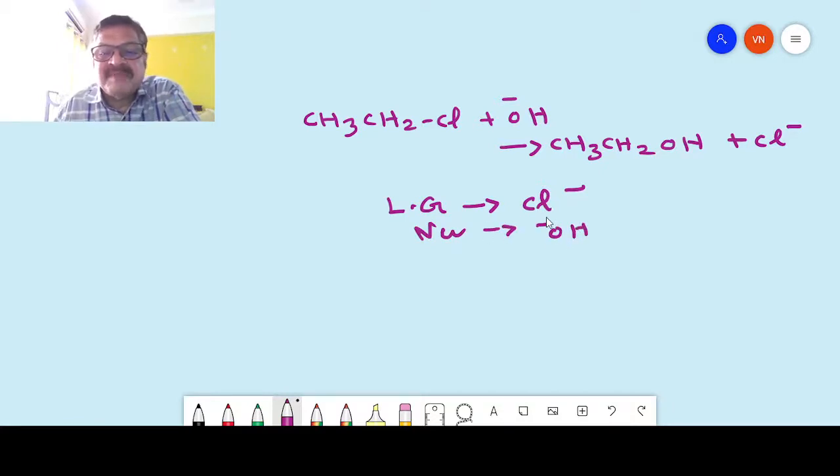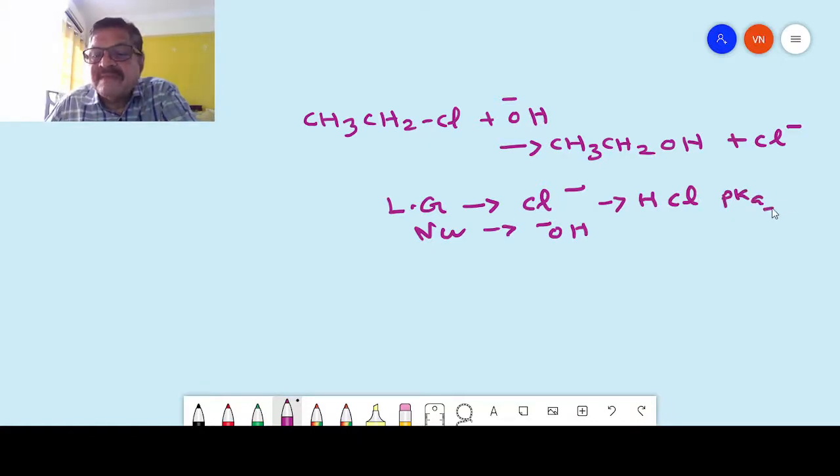So now you compare the basicity. Compare the basicity of the nucleophile OH minus and the leaving group Cl minus by comparing the pKa values of the conjugate acids. The pKa value of the leaving group Cl minus: the conjugate acid is HCl, and its pKa is, I think, minus 7.